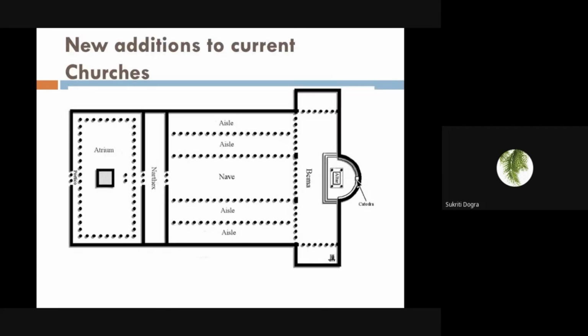So this is an evolution of the church, which was done in later stages, but then it was not carried on because it was not that functional. What they did in this area was add one big atrium in front of the narthex, before the main entry, with a complete colonnaded portion.